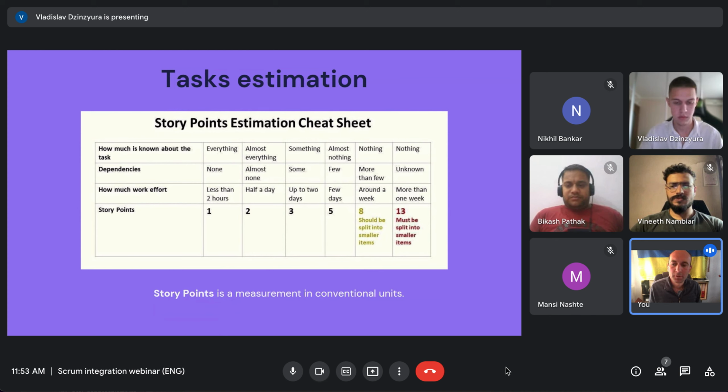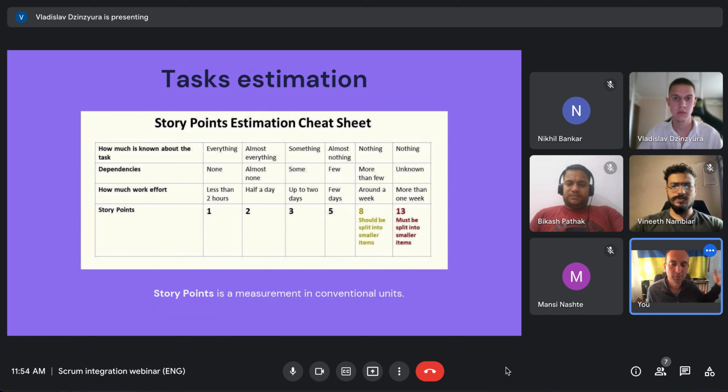And one of the recommendations, I'm not saying that we should definitely do this, but it's just a useful side note, was to create a special scale for story points that everybody in the team uses. So, for example, when you're estimating something, you have 1, 2, 3, 4, 5.